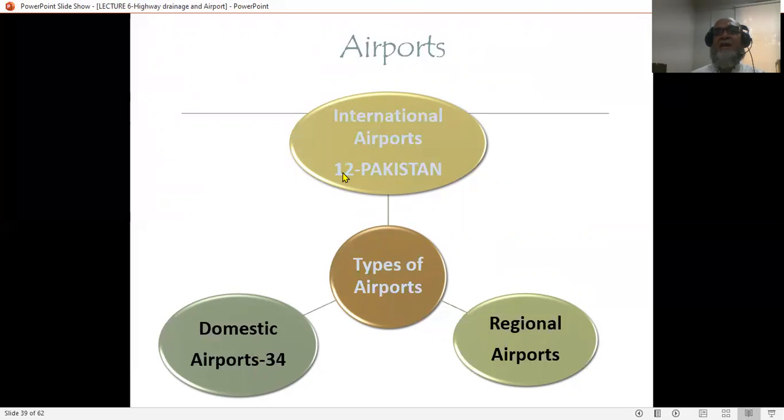Although I would say there are only 5 airports that are truly international airports. Otherwise, the airports that operate Hajj flights in Pakistan, we call them international airports. But mainly 4 to 5 airports actually qualify. Karachi is one of them. Karachi, Lahore, Islamabad, Sialkot. These 4 and maybe Peshawar.